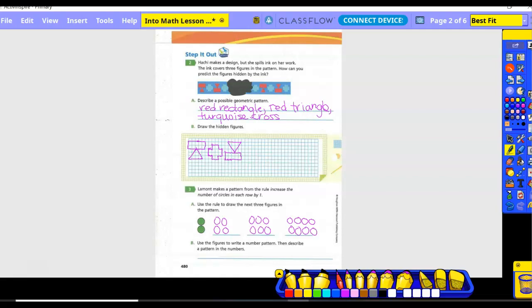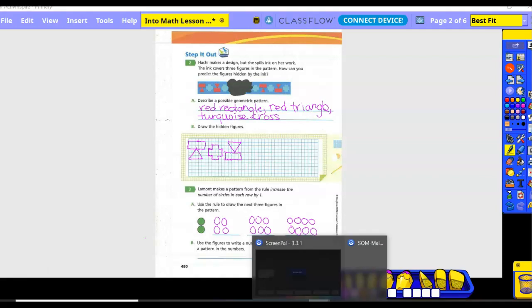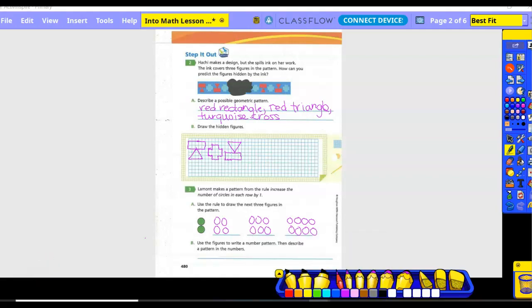Okay. Use the figures to write a number pattern and then describe the pattern in the numbers. Okay, so use the figures to write a number pattern. Then we say what the number patterns are. So we did what? We started with what? 2, and then we did what? So start with 2, and then we did what in each one?